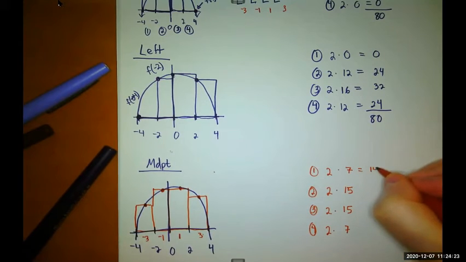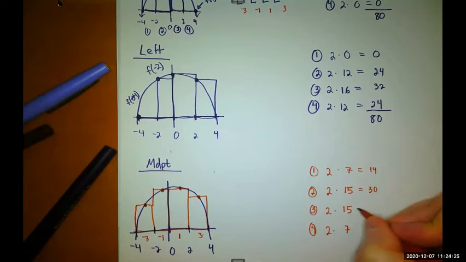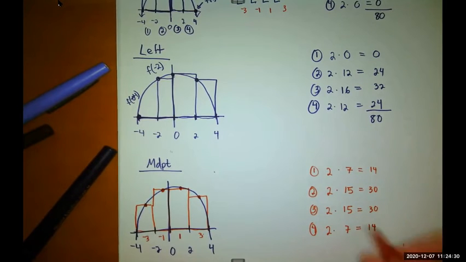So that's 14, 30, 30, and 14. So 44 and 44 is 88. Interesting.